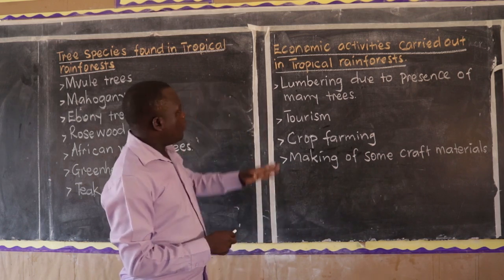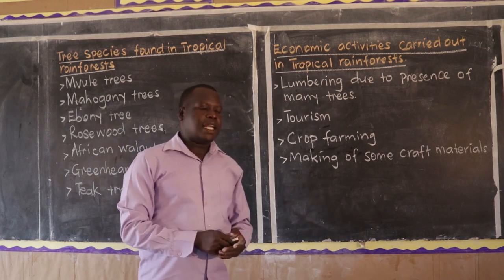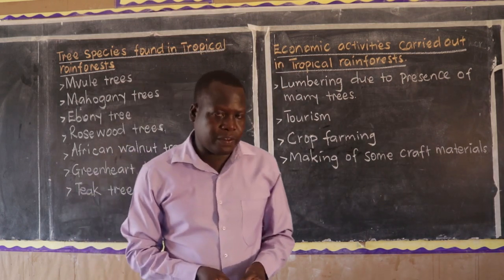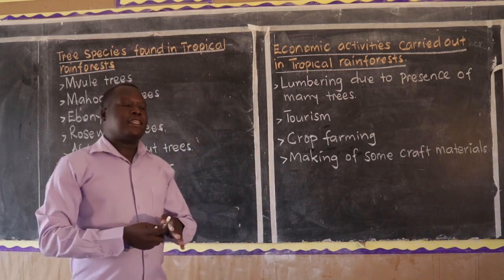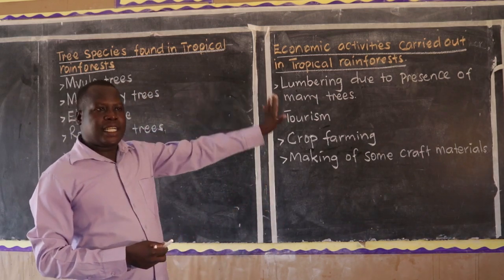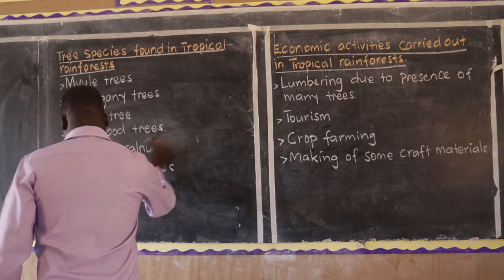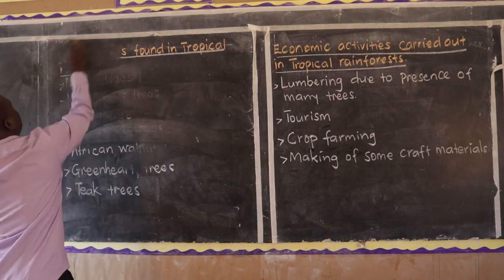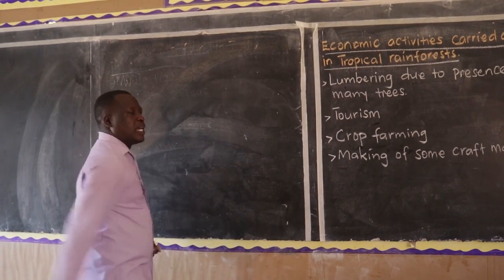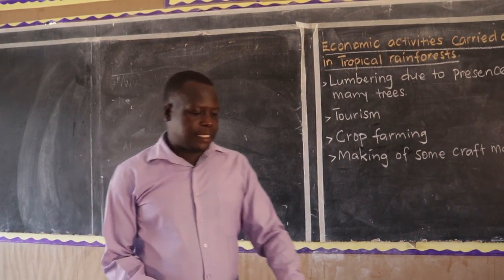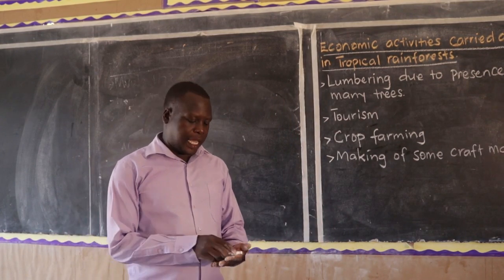Now, we have seen tree species, characteristics, and economic activities. Let's look at some of the countries in Africa where we can find these forests. Which countries are covered or have these forests? If you have an atlas, you can open your atlas on vegetation, and look up some of the countries that are covered.